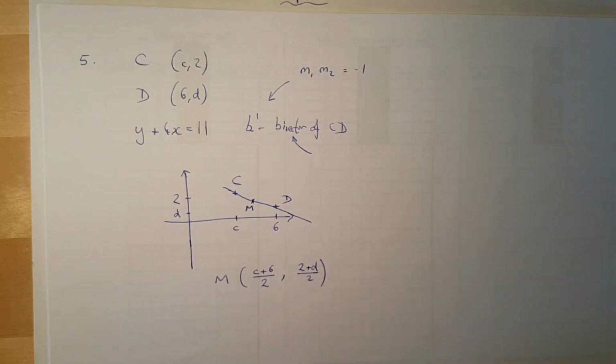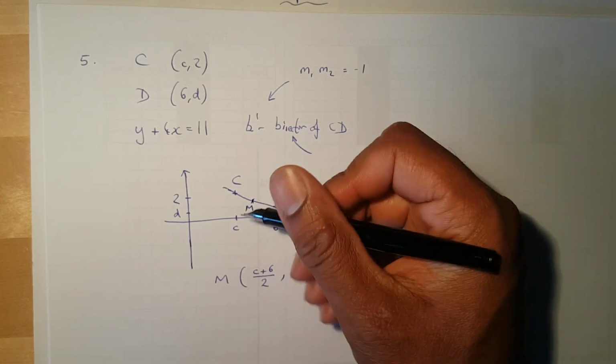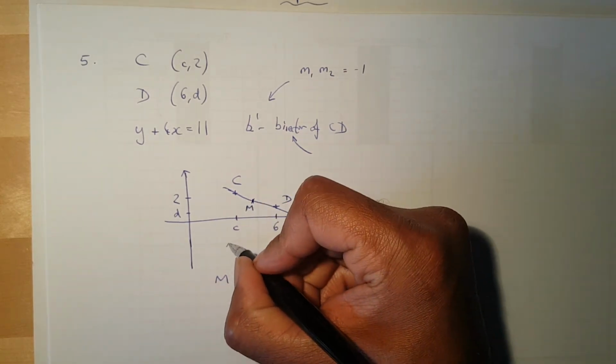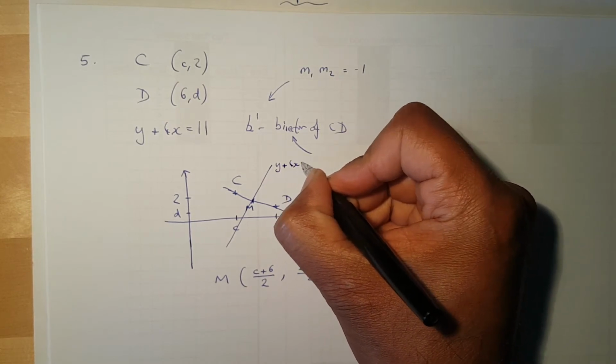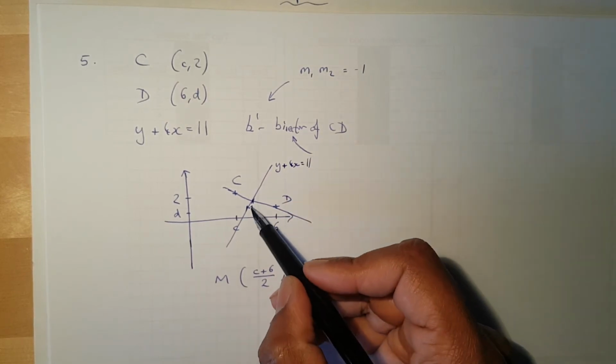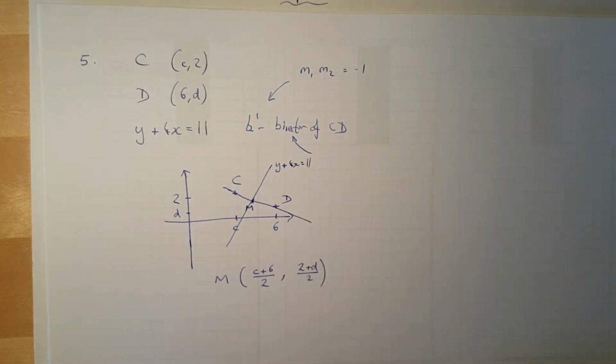And that's my midpoint, M. And I know that that midpoint fits this equation, because that midpoint is on the line, which I'm going to draw here, which is going to be y + 4x = 11. So because that point is on that line, it must fulfill that equation.